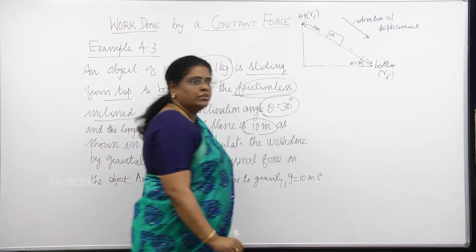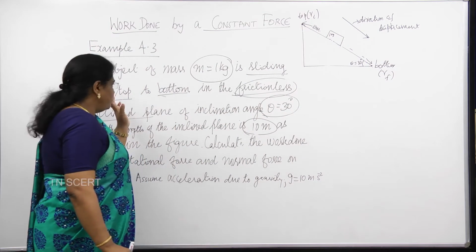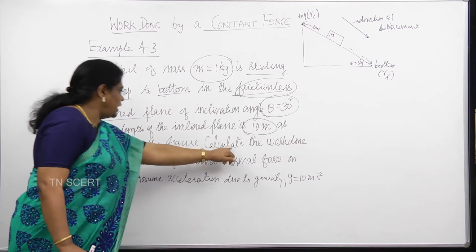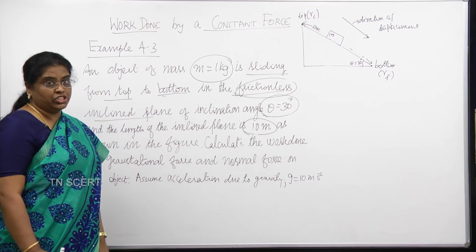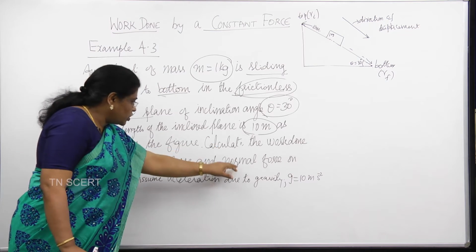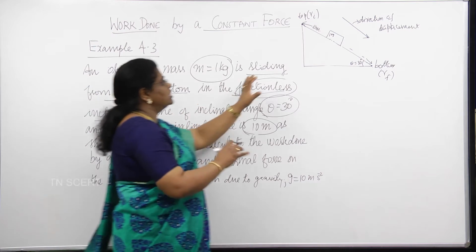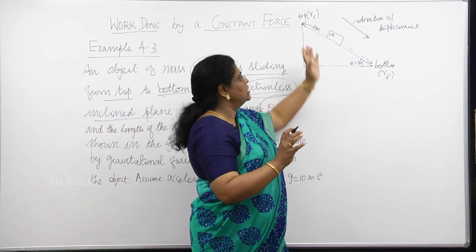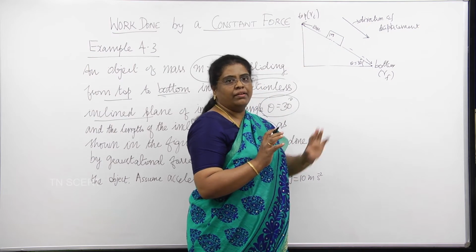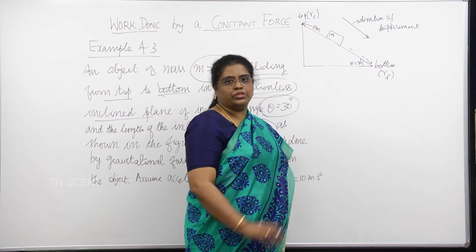Fine. So, now calculate the work done by the gravitational force. And they have talked about the normal force also. The situation here is this slanting plane and a mass is coming from top to bottom.